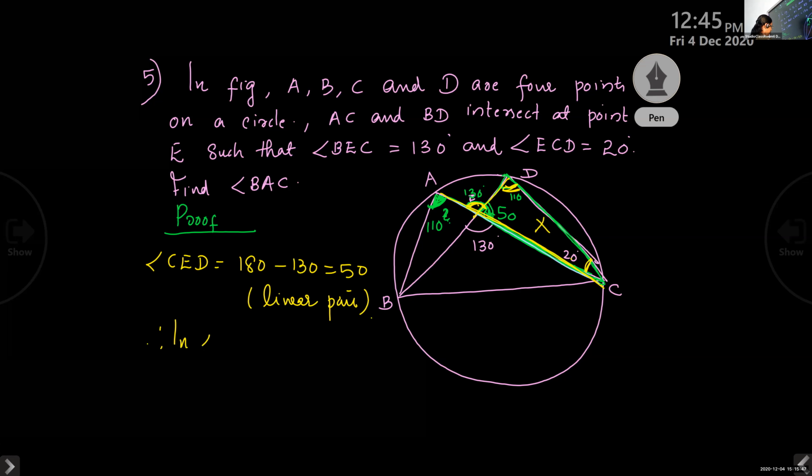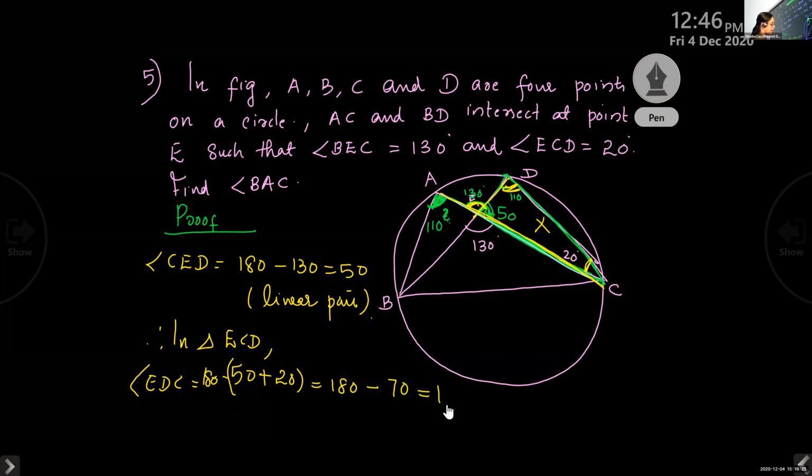Therefore, in triangle ECD, angle EDC equal to 180 minus (50 plus 20) equal to 180 minus 70 equal to 110.